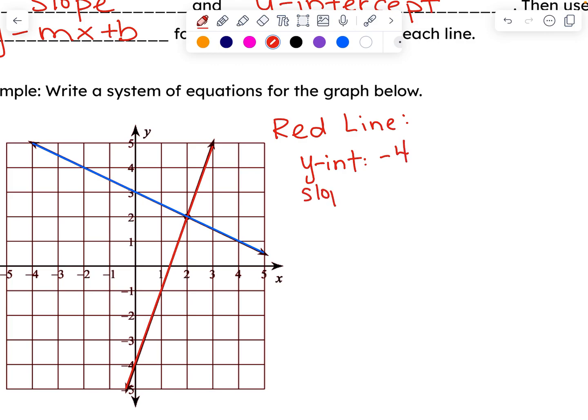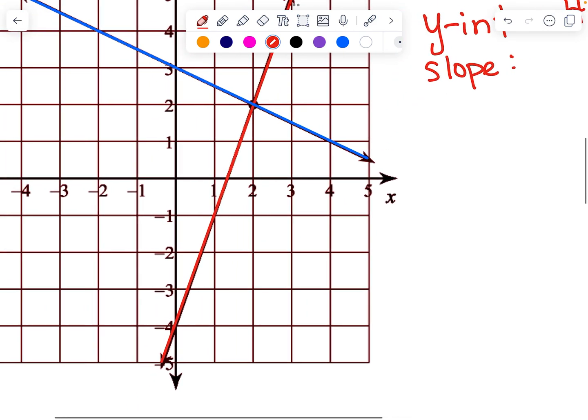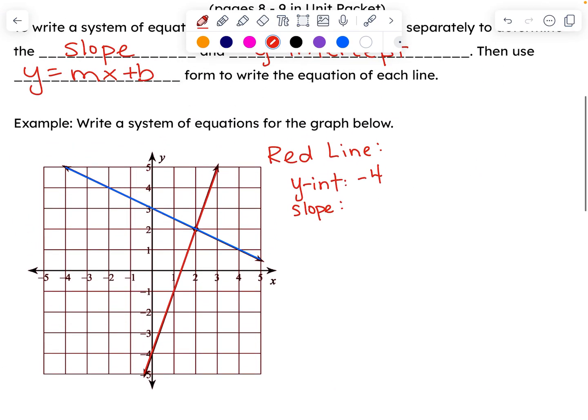And what about my slope? How do I find a slope? There are many ways you could find it. I am going to find it right now by simply jump counting between points. Remember that the slope is just rise over run. So if I can figure out the rise and the run, I can write the slope.